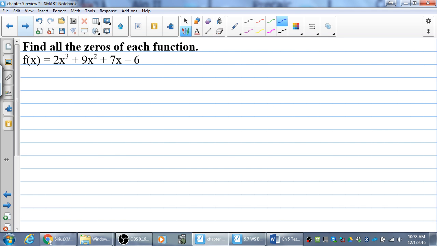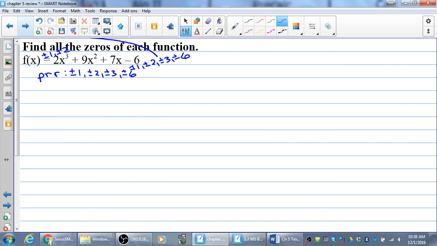Find all the zeros of each function. So the possible rational roots, plus or minus 1, 2, 3, and 6. Over here it's just plus or minus 1, plus or minus 2, but that changes things. That's going to include a few more. So the possible rational roots are 1, 2, 3, and 6.